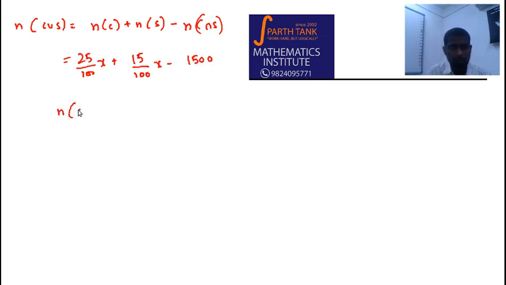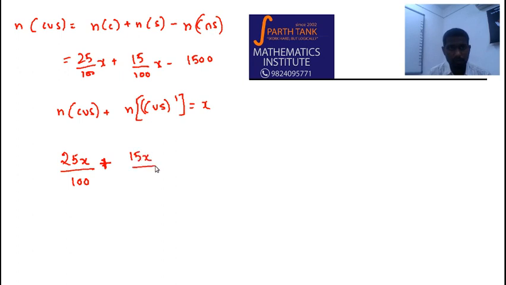Now substituting this in this equation, N of C union S and N of C union S dash is x, gives me 25x by 100 plus 15x by 100 minus 1500 plus this was 65x by 100 is x.